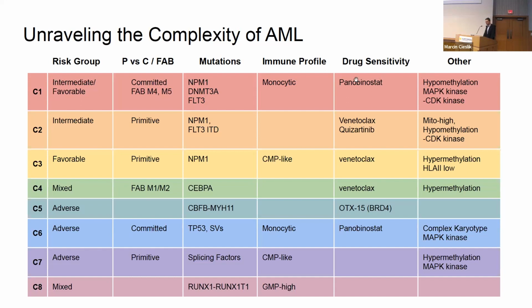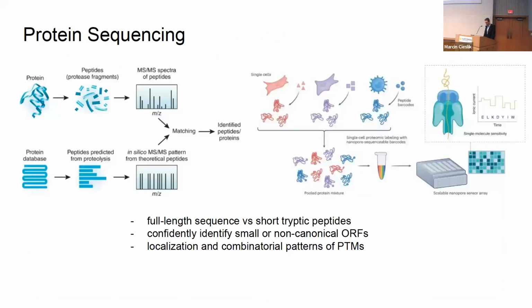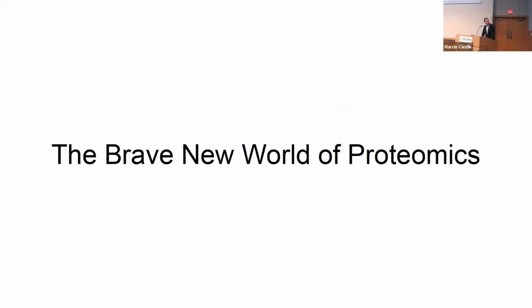Essentially, the genetic and the phenotypic complexity of AML is reduced and organized through this analysis of multimodal genomic data. With that, I would like to end this portion and really just briefly tell you why you perhaps could be interested in proteomics.